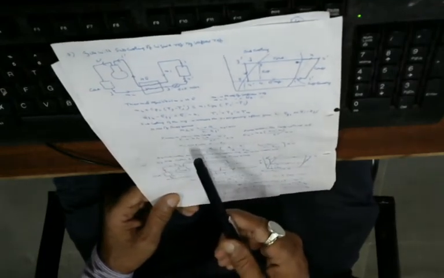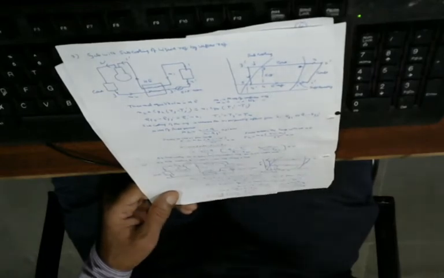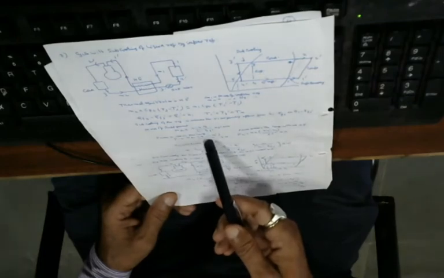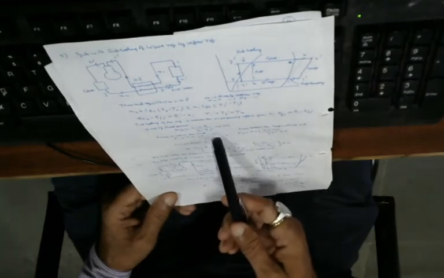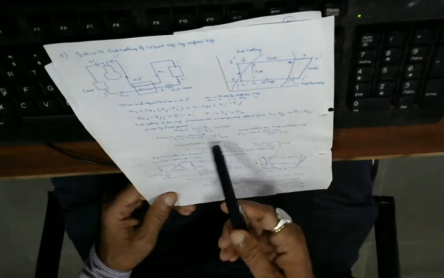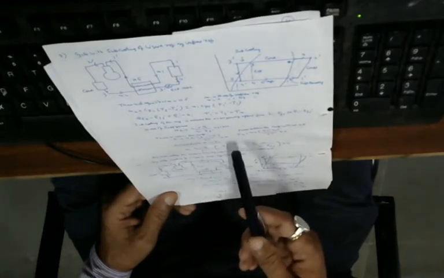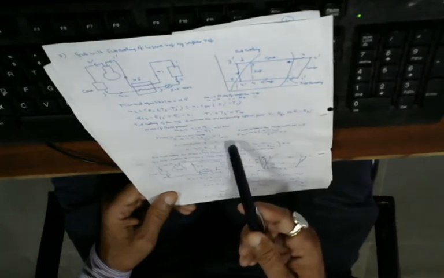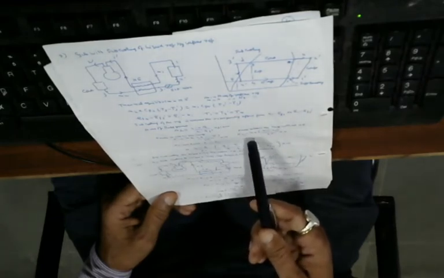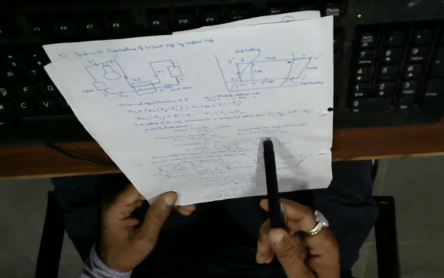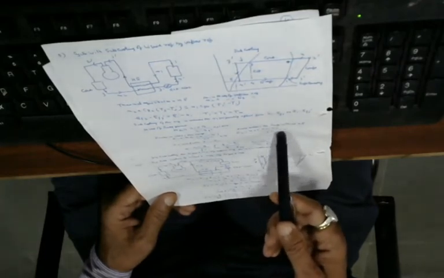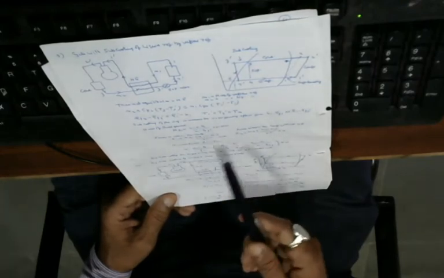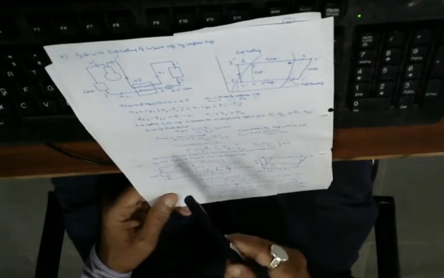Now the power to drive the compressor, P1, that is the compressor work, is h2 dash minus h1 dash into mass per hour divided by 60, which gives you power. When we are not using any heat exchanger, in the simple case, power will be MR into h2 minus h1 divided by 60 kilowatt. That is when we are not using any heat exchanger. Here we are using the heat exchanger, so there is a difference in power.